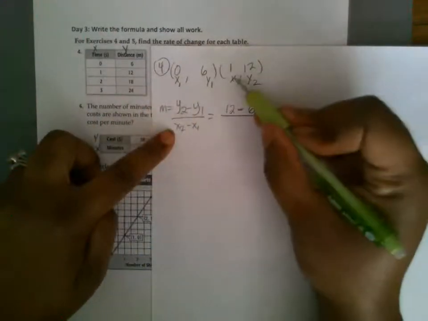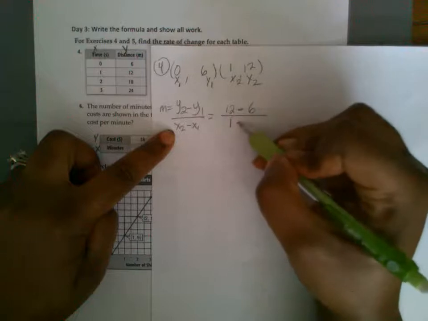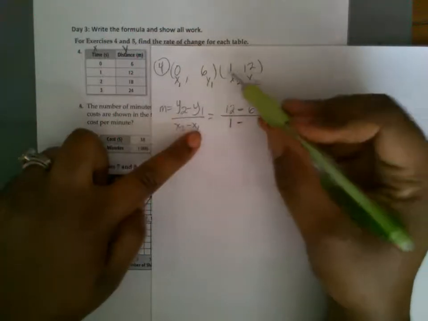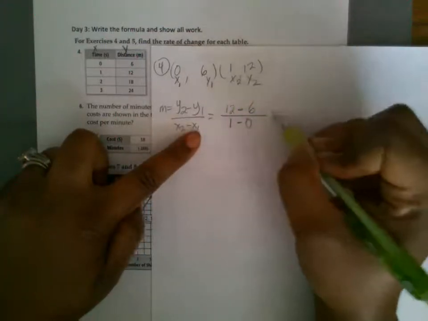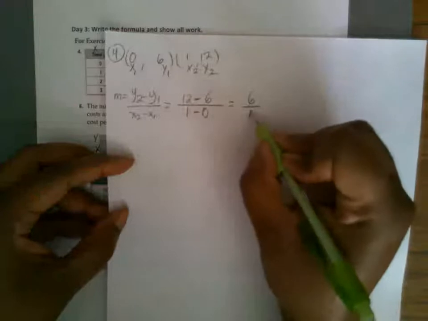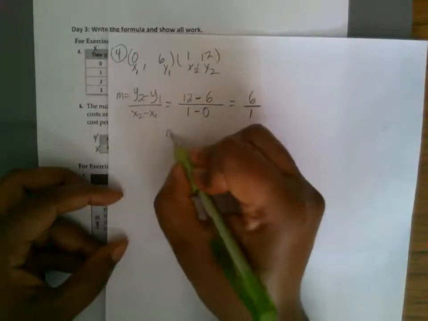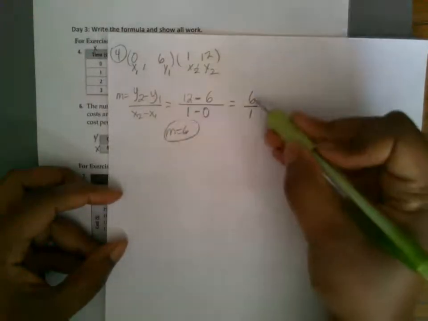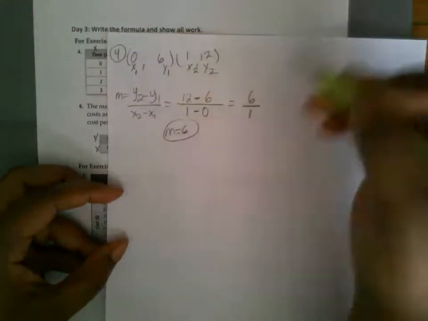And on the bottom, this is 1 minus 0. So this gives me on the top, we have 6 over 1. So my answer here for slope is m is equal to 6. When you simplify, 6 divided by 1 gives me 6.